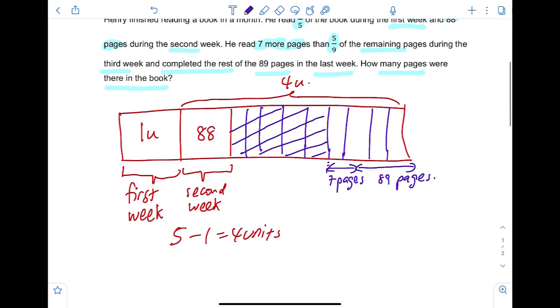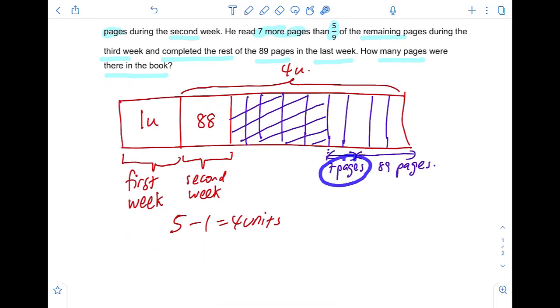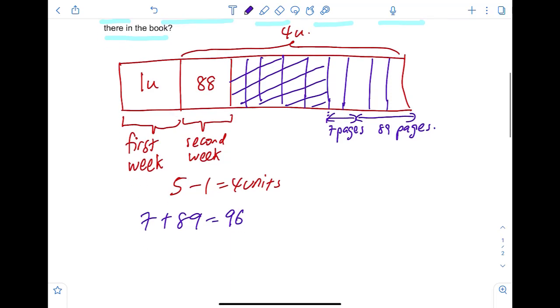Which tells us, friends, that 7 plus 89 will be equals to 1, 2, 3, 4 parts. 7 plus 89 will be equals to 96 pages. So 4 parts, which is the purple section, friends, will be 96 pages.